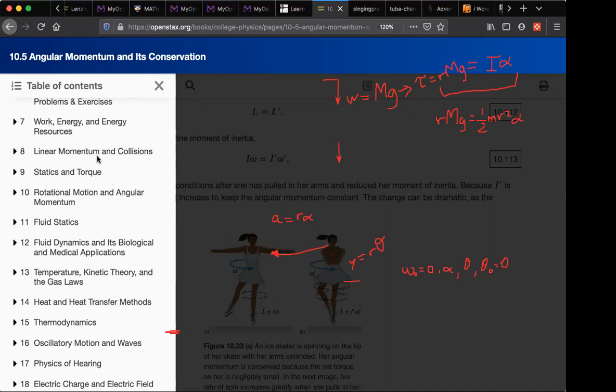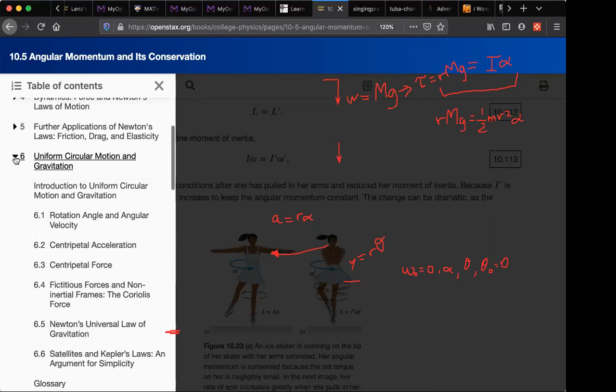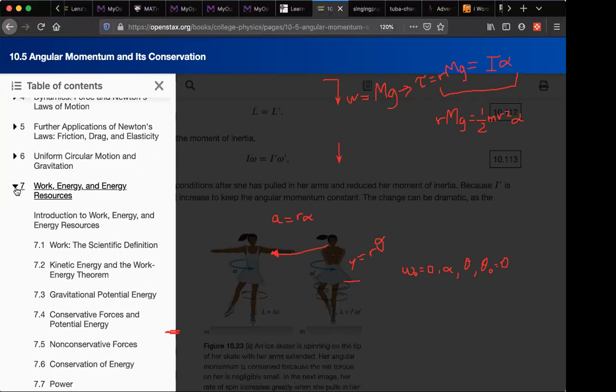So we spent two chapters talking about energy and momentum in linear form. Energy being, of course, the ability to cause things to accelerate, to cause things to bend, to cause things to break. The energy is related to forces doing things in the real world.